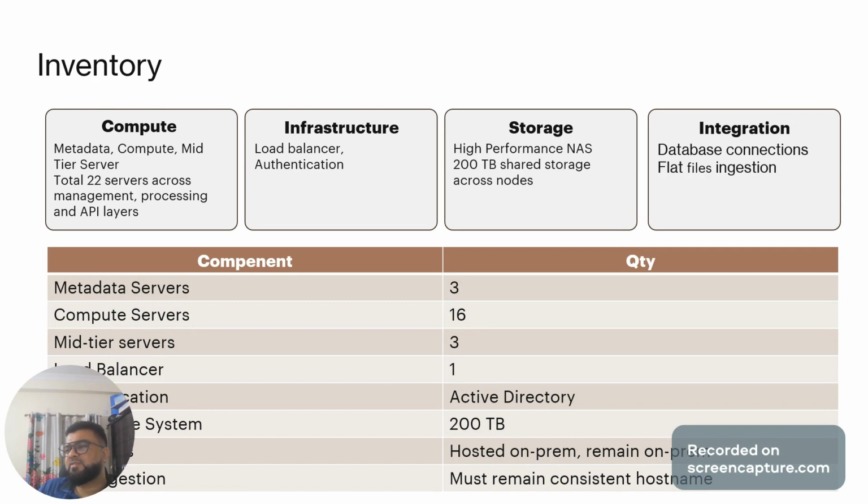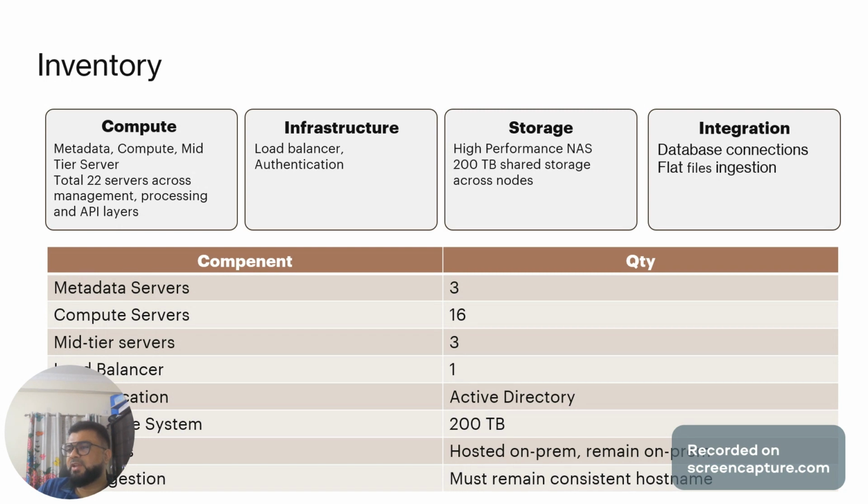Finally, under integration, we have a few constraints that heavily impact our AWS design. Our databases are hosted on premise and must remain on premises. This is important because it means we need a secure, reliable connection from AWS back to our data center during a disaster. Second, the application relies heavily on its hostname.